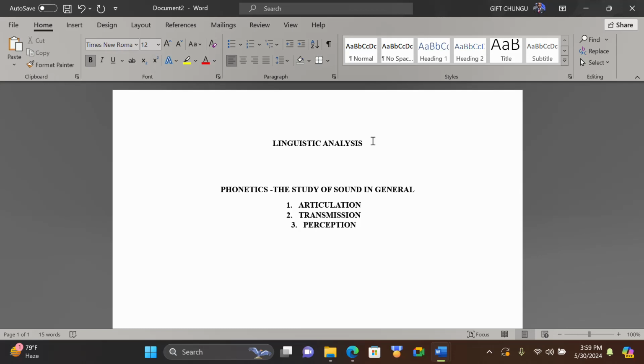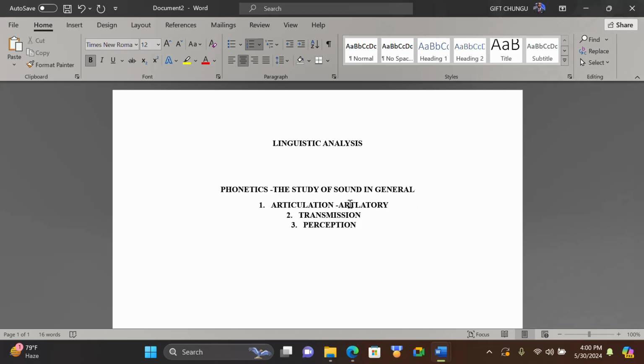Meaning, when you are looking at sound, we have what we call the three branches of phonetics. When you are dealing with articulation, we are looking at articulatory phonetics.